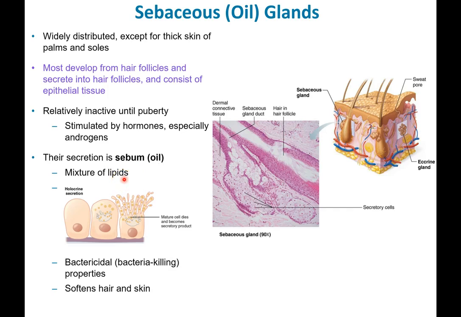Sebaceous glands undergo a holocrine mode of secretion, where the secreting cell releases its secretions by rupturing its cell membrane, which ultimately destroys the cell. Because the secreting cell dies to become the secretory product itself, this process is considered the most damaging type of secretion.